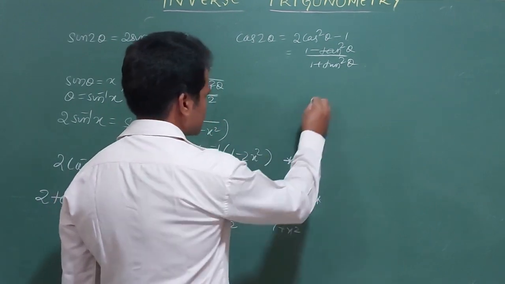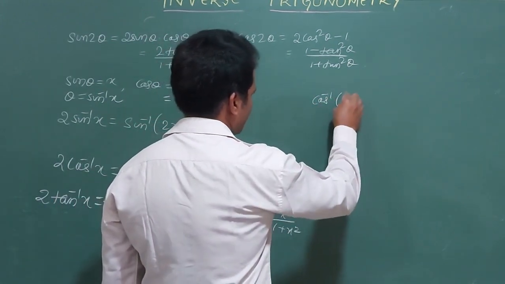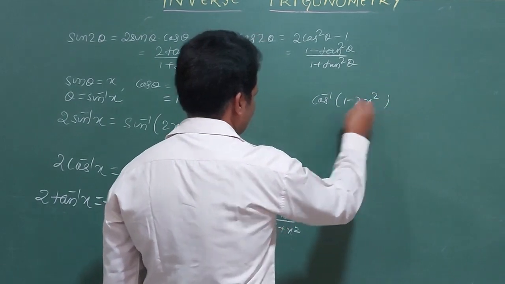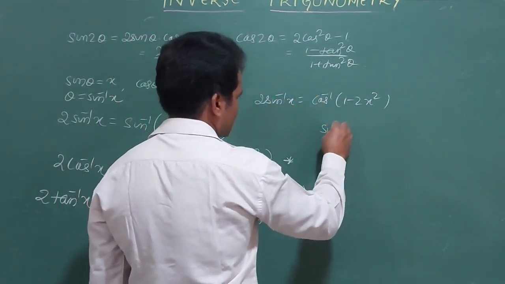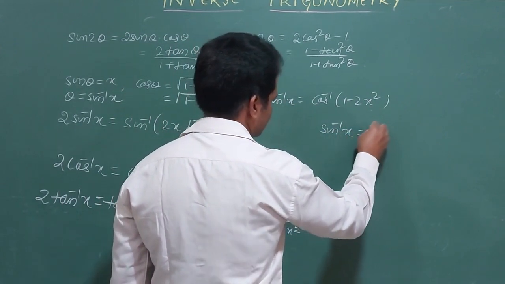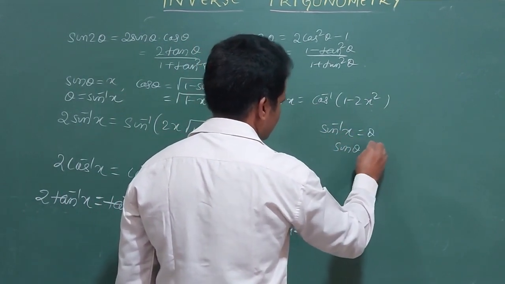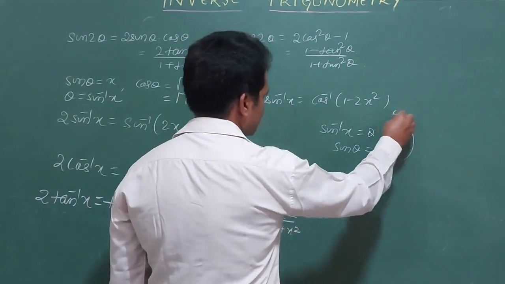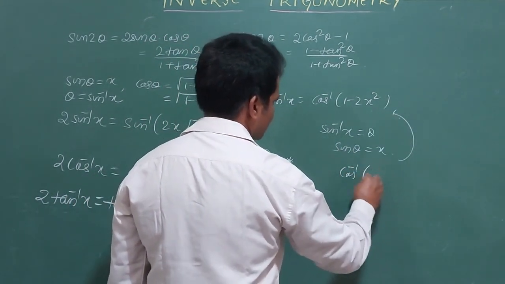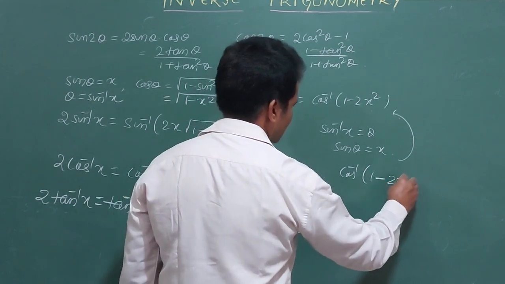Let's consider this function. Cos inverse 1 minus 2x square. That's the formula for 2 sin inverse x. Consider sin inverse x is equal to theta. Sin theta is equal to x. This is very easy. Cos inverse 1 minus 2 sin square theta.